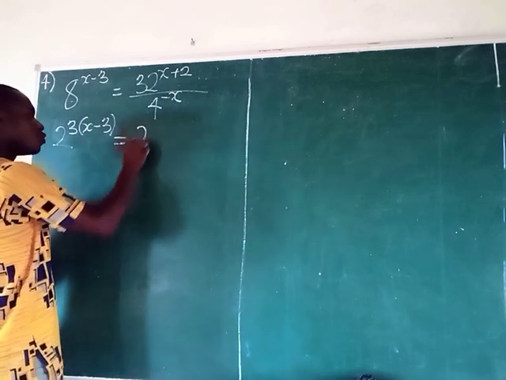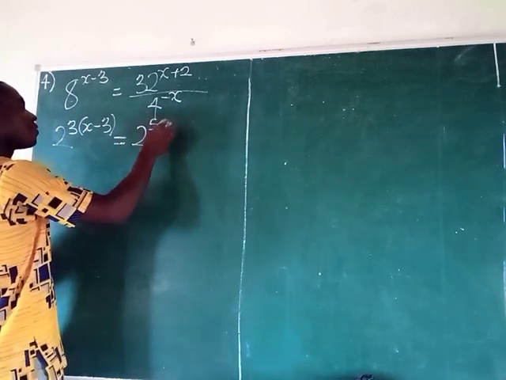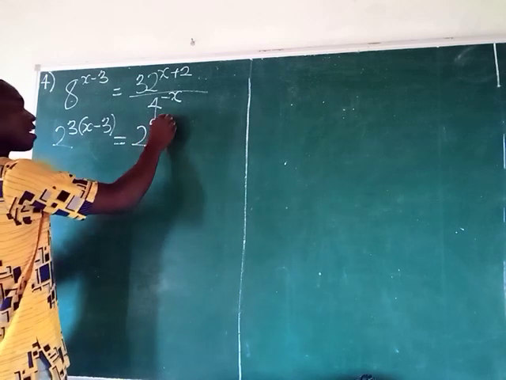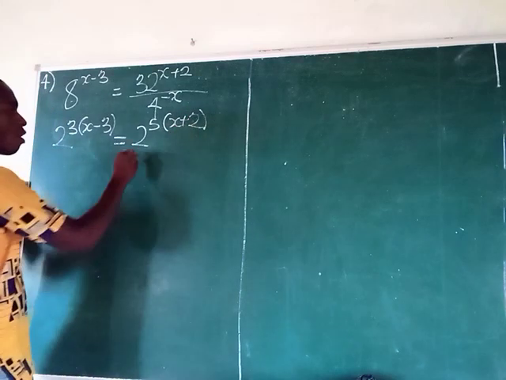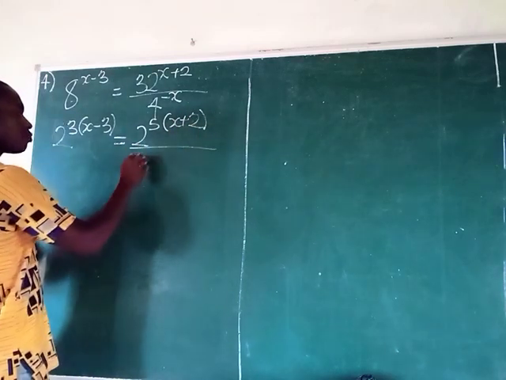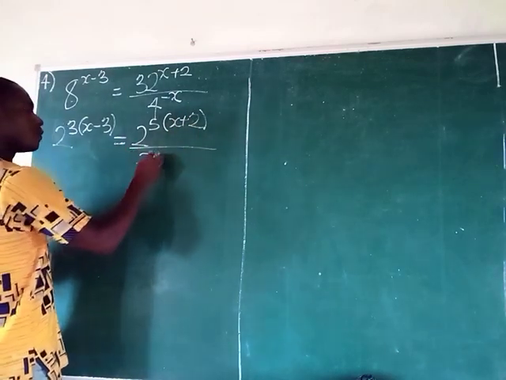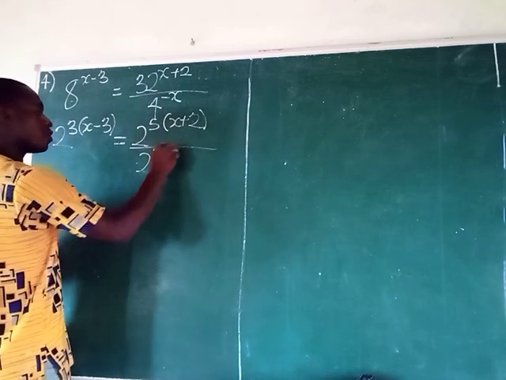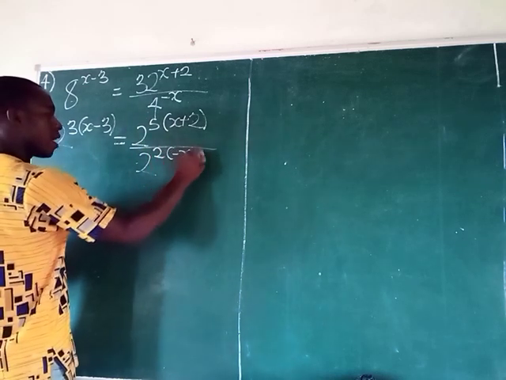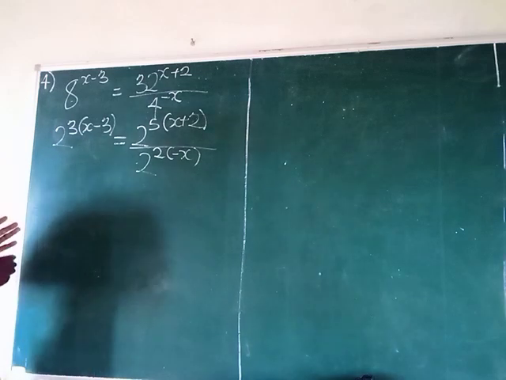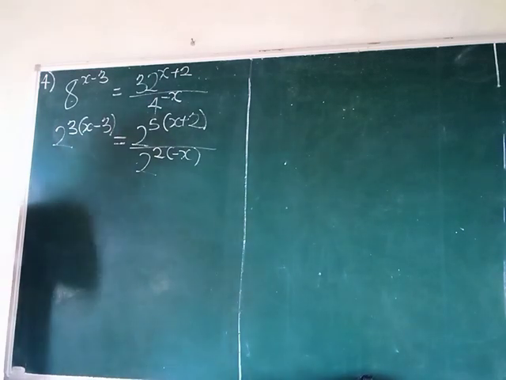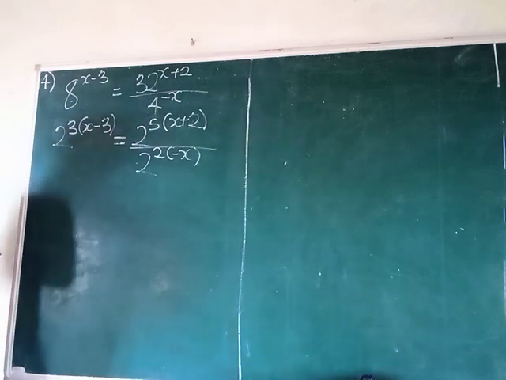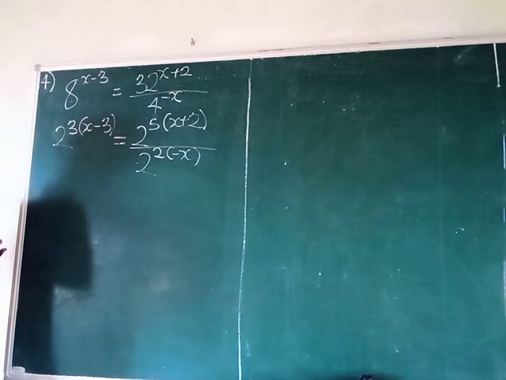That means 2 to the power of 5 into x plus 2, all over, we can express 4 as 2 raised to the power of 2 into minus x. So now we have expressed them in their common base.